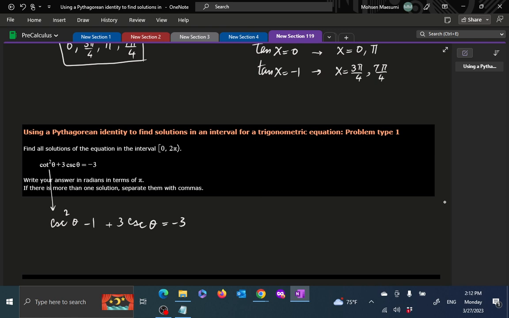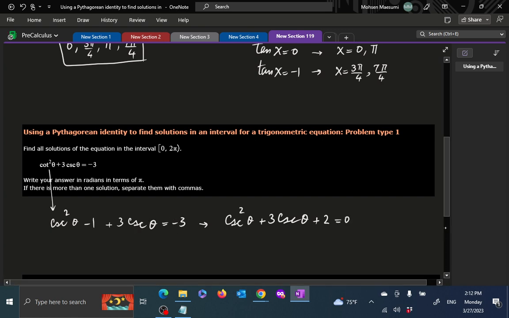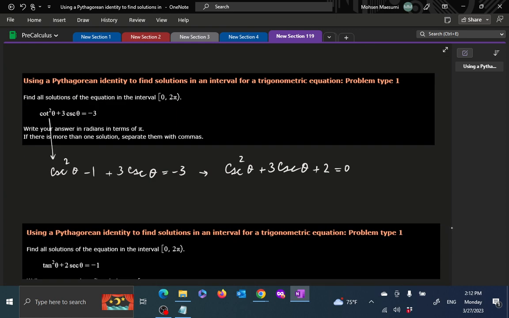So this one, we bring everything to one side and write it in order. So 3 cosecant of theta, and minus 3 comes to the left-hand side and becomes plus 3, and minus 1 is plus 2, equal to 0. If you want to make a substitution, be my guest, but probably by now you're comfortable with factoring it as it is.